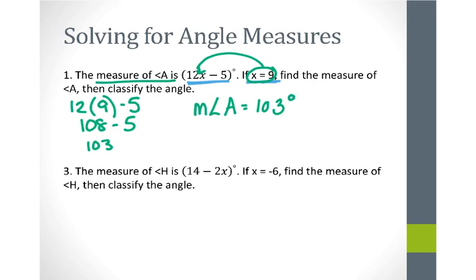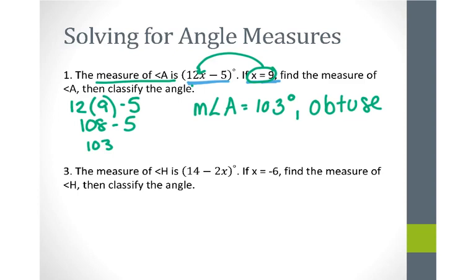A 103 degree angle would have to be obtuse. So you take the expression, plug in your value, simplify, rewrite it, and classify.